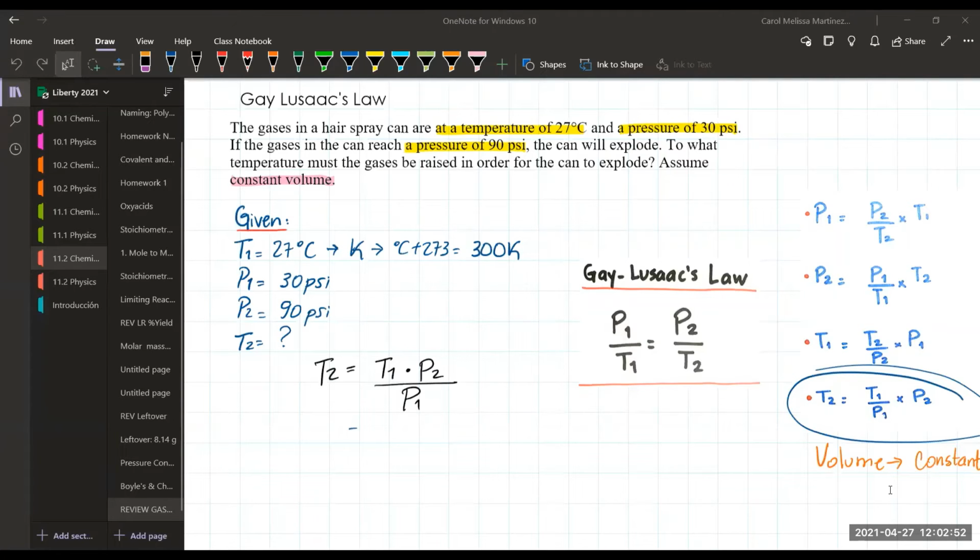Substituting the givens, we have 300 Kelvin initially, 90 psi that you want to reach, and initially you have 30 psi. You cancel psi with psi, and the final temperature that the can must reach is how much?